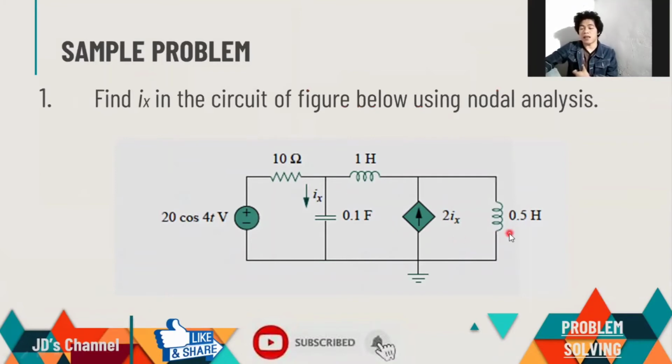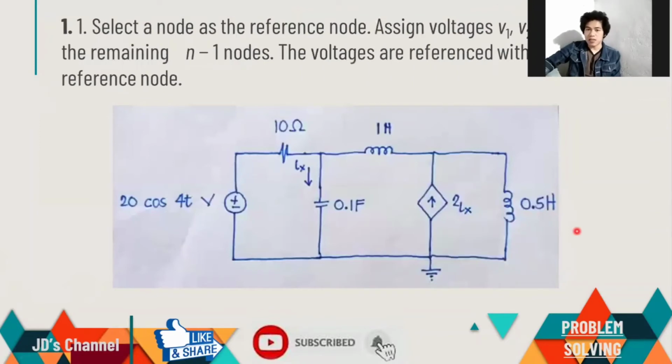Ang tawag po class dito sa ating circuit na ito is yung ating time domain circuit. This is the time domain. So, paano natin isusolve ito ngayon, class? Sige, sulat muna natin yung ating given circuit.